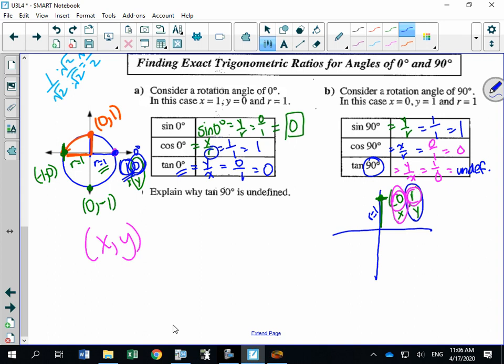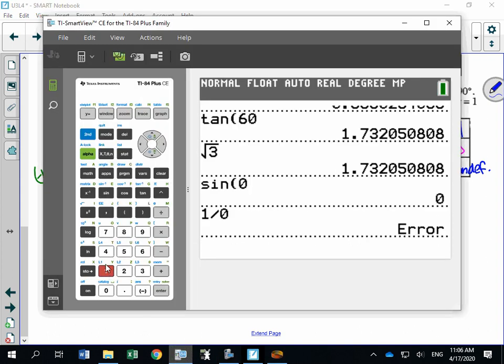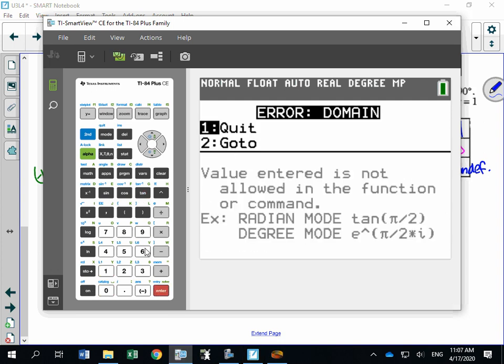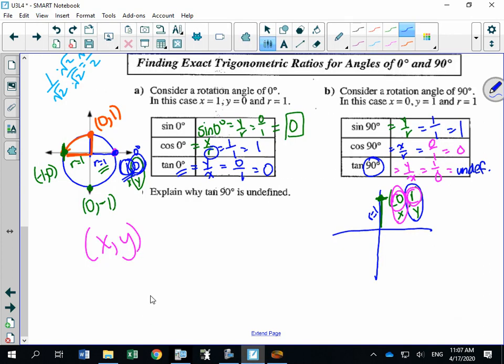If you type in the tan of 90 degrees on your calculator, you will get an error. In 30-1, we'll look at the graphs for sine, cosine, and tangent, and you will be able to see exactly why that's undefined.